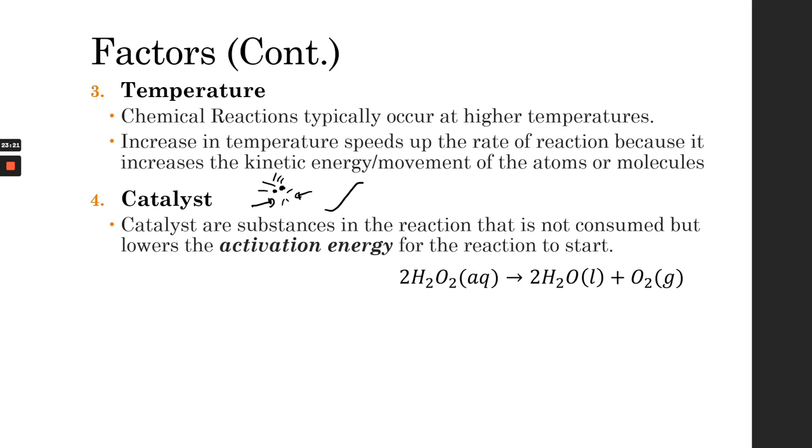We have hydrogen peroxide. 2 moles of hydrogen peroxide, H2O2, decomposes to 2 moles of H2O and 1 mole of oxygen. If you have heard of peroxide, it's usually used for wound cleaning, and it is actually always decomposing. The reason that the decomposition is not visible is because it's decomposing very, very slowly.